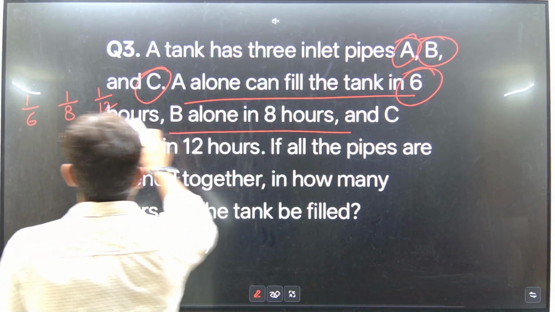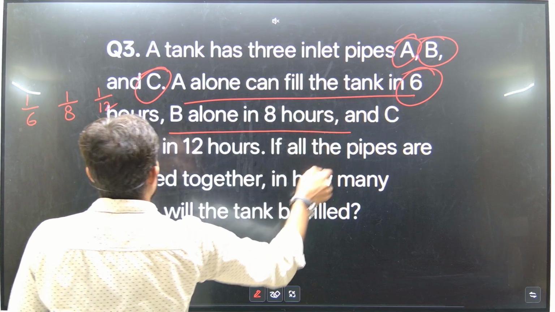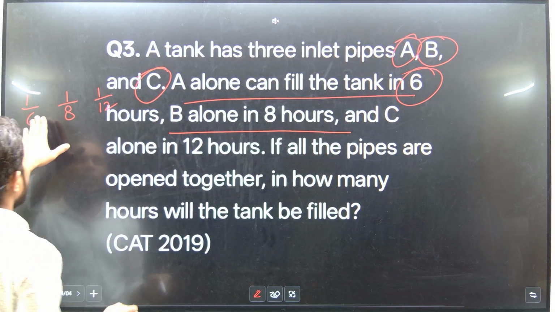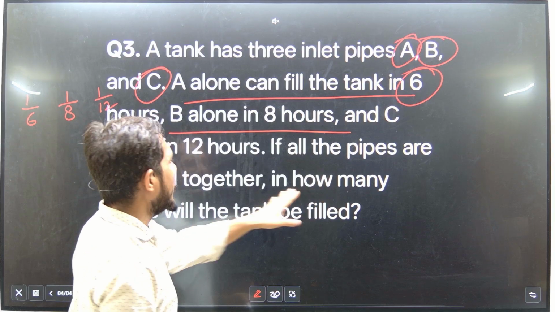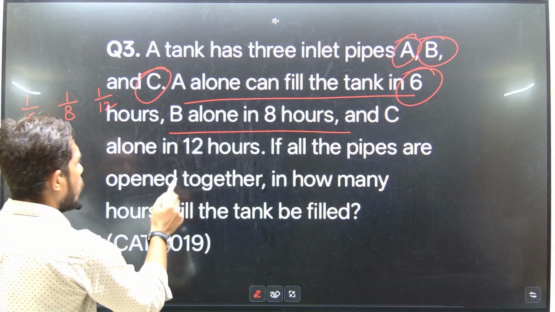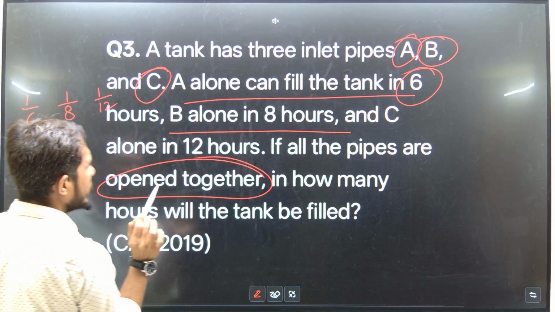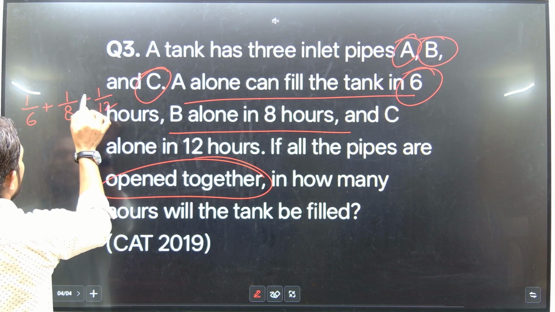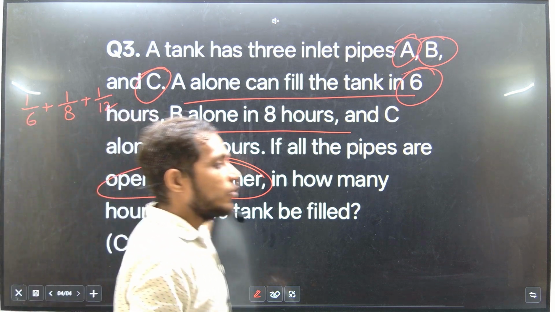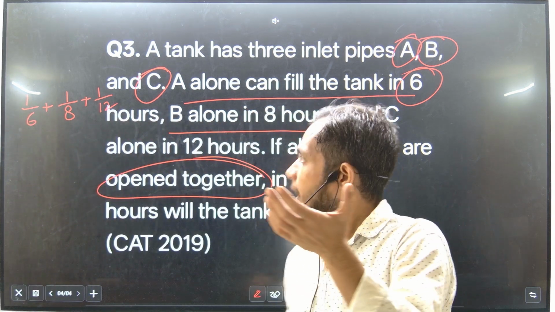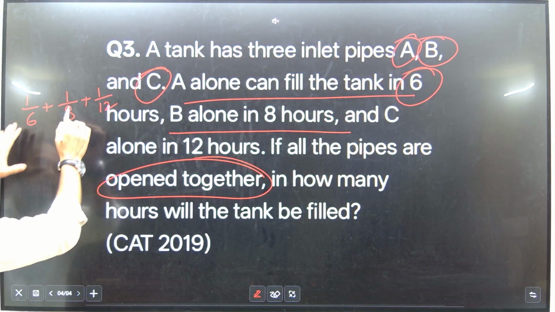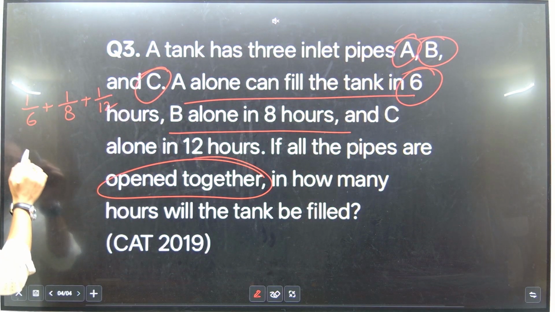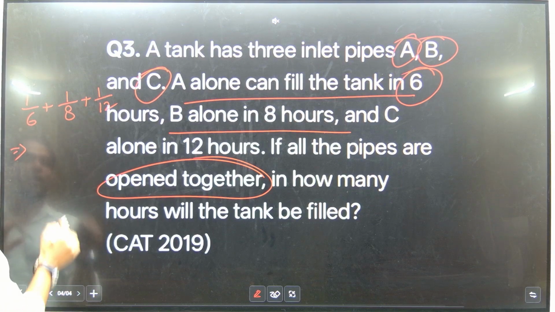So on taking 1 part, 1 hour, we have got 1 by 6, 1 by 8, 1 by 12. When all these 3 are open together, means at the same time, the total amount will be added. So within 1 hour, they can fill this amount of the tank.